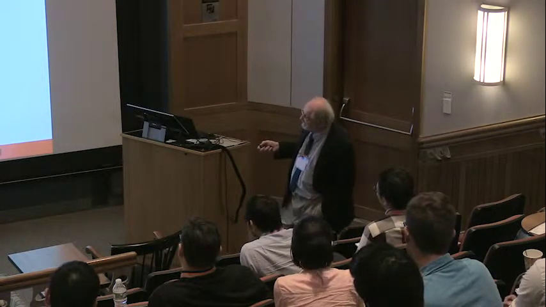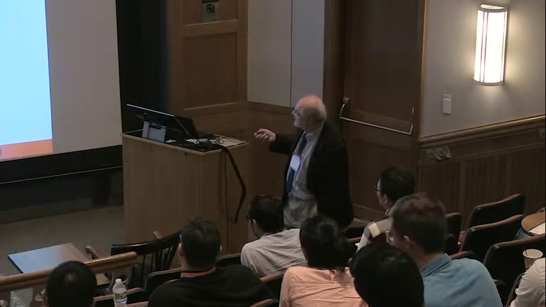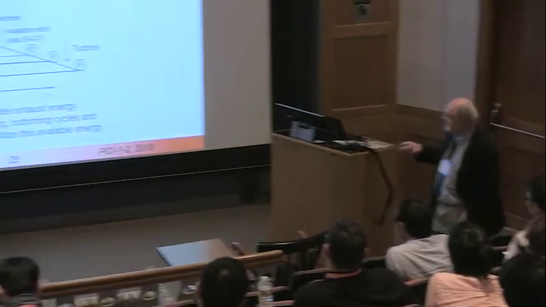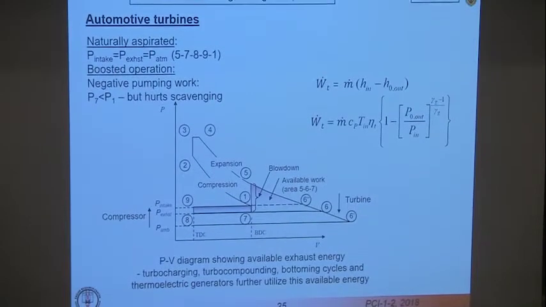And depending on whether I want to have my device arranged with higher intake pressure than the exhaust pressure or so on, will depend on how I design my turbine and compressor system.